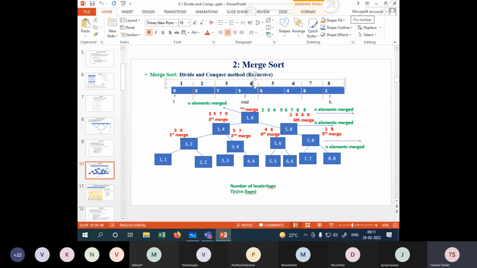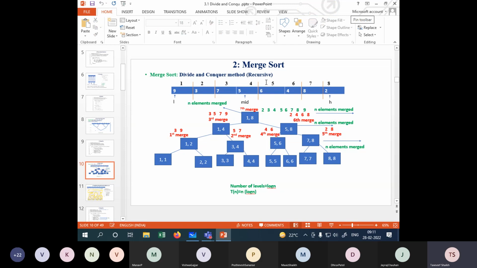So mid plus 1 will become 4 plus 1, that is 5, and we will treat it as low for this part of the array, and high will again be 8, which was already high for this part of the array. That is why we are passing 2 more parameters. This mid plus 1 will become low for this array, that is 5, and this 8 will become high for this array, this one.